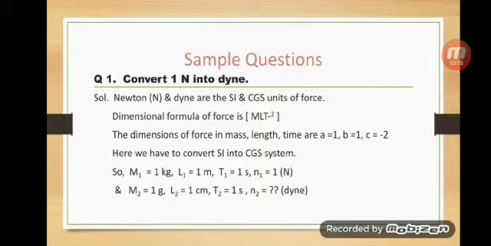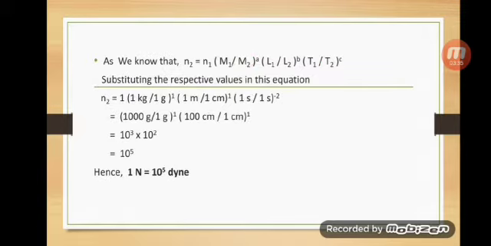L2 will be 1 centimeter, that is the centimeter for C, and T2 is 1 second, because in CGS system we take the mass, length and time in terms of the gram, centimeter and second, and we have to calculate the value of N2. Now how will we solve? Using the equation N2 is equal to N1 (M1 by M2) to the power A, (L1 by L2) to the power B, (T1 by T2) to the power C.